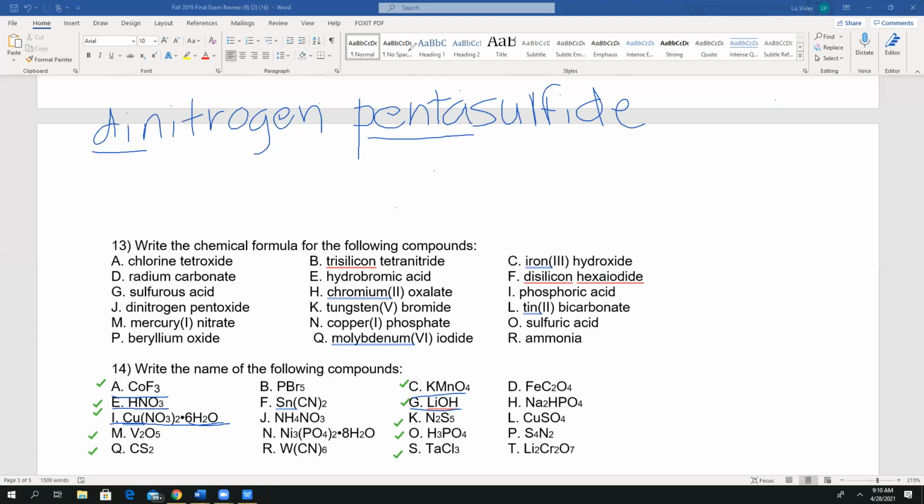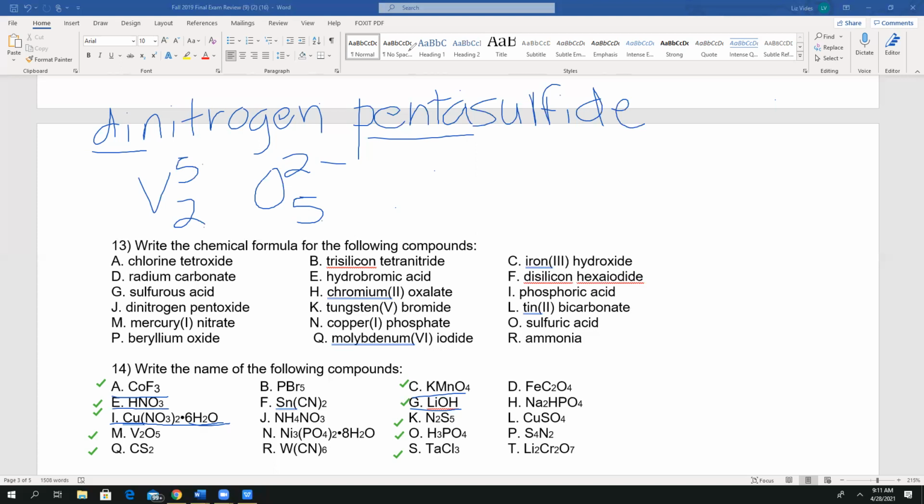Okay. The next one is V2O5. Okay, for this one, we have to figure out what vanadium is. We know that oxygen is always negative. And this is a 2, right? Okay. So 5 times 2 is 10, divided by 2 is 5.